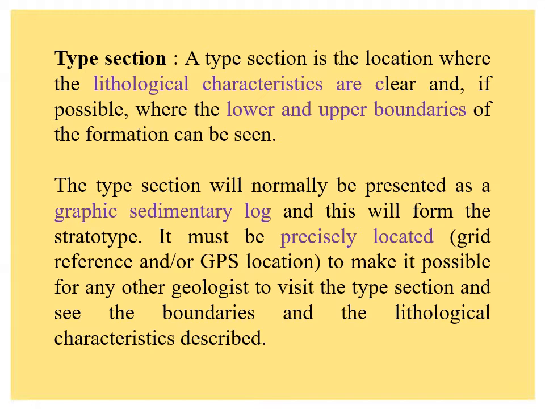A type section is a section where you can see the entire formation from top to bottom. That means the top boundary and the bottom boundary can be clearly visible. That means the lower and upper boundaries can be clearly visible and well identified.